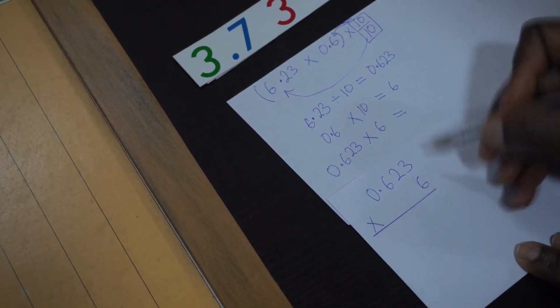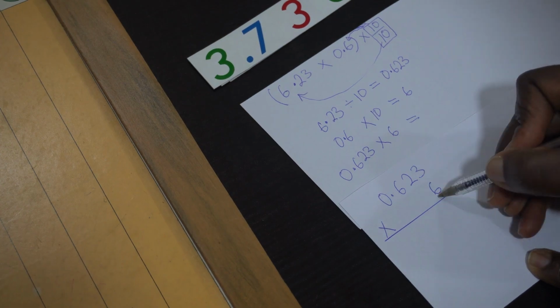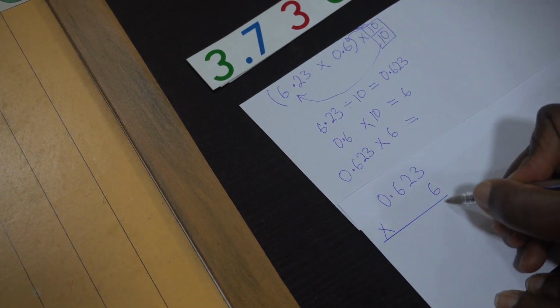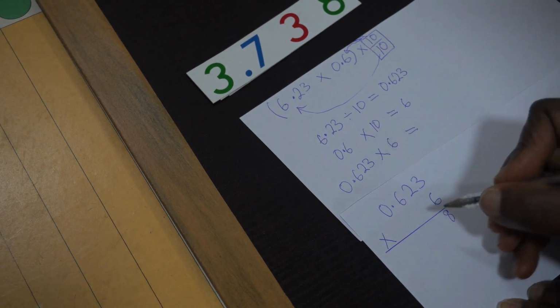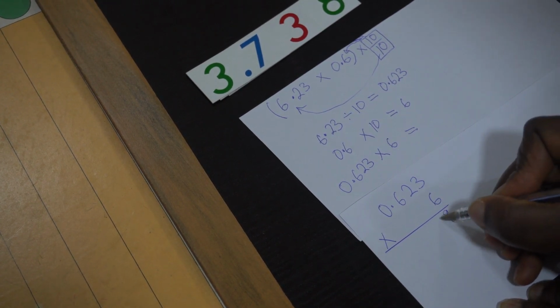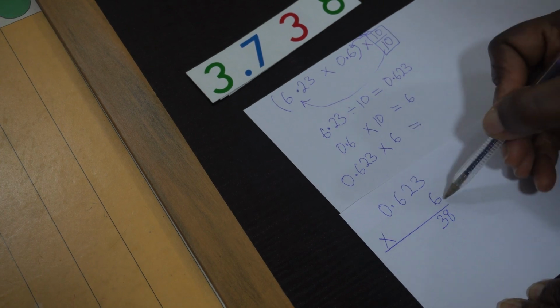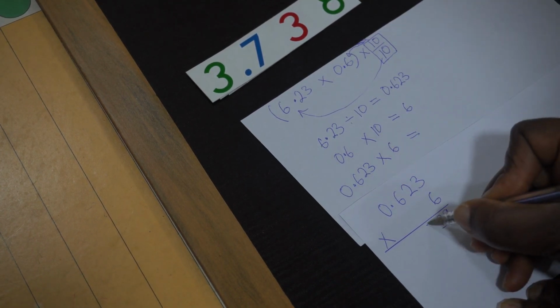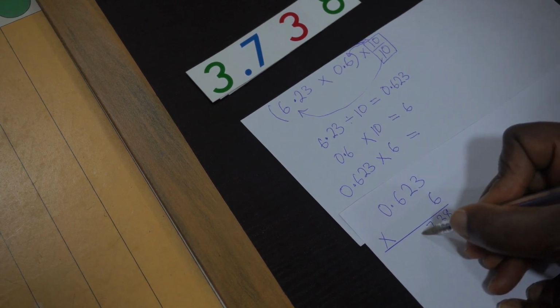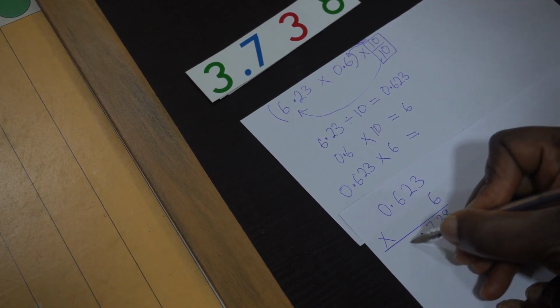So let's go ahead and do that. 3 times 6, 18. 2 times 6, 12. And plus 1, 13. 6 times 6, 36. Plus 1, 37. Because we have a decimal point here.